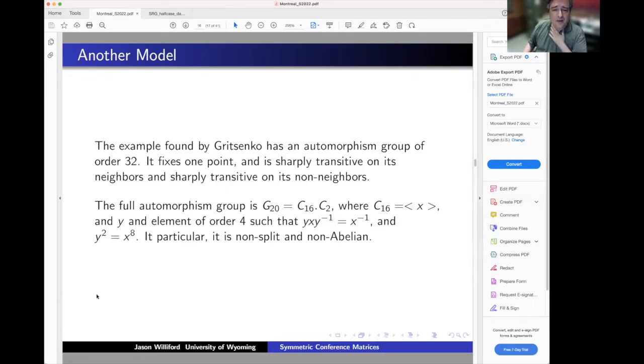And the group itself, interestingly, was non-abelian too. A lot of times in constructions, people prefer to use abelian groups. Things work out more nicely, and the representation theory is nicer too. But this was a non-abelian group. It's also a non-split extension, so I can't write it as a semi-direct product.